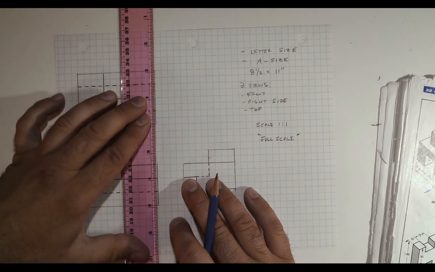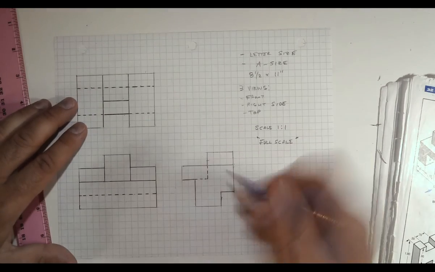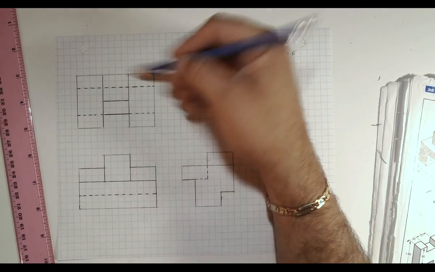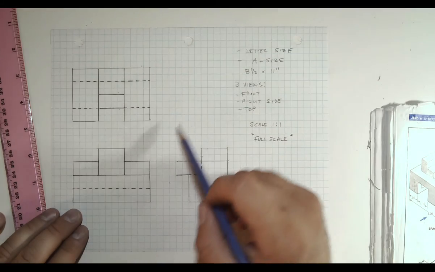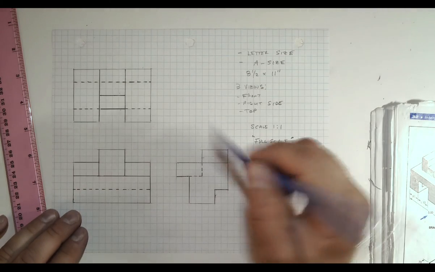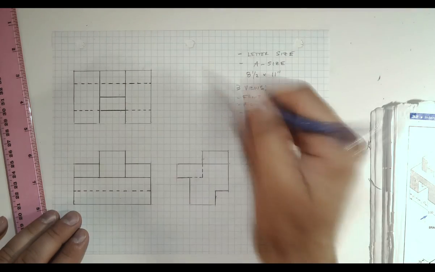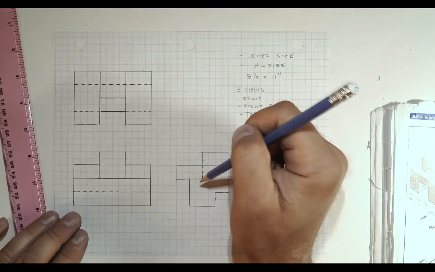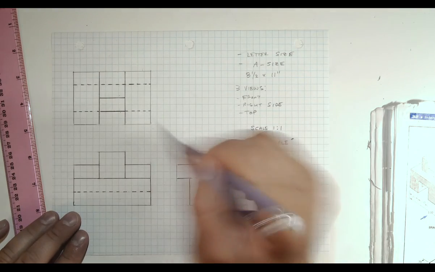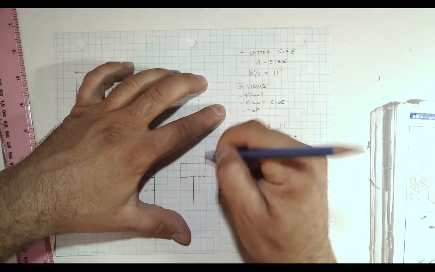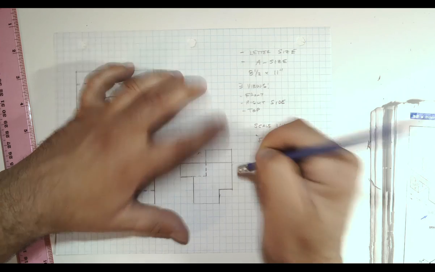Looks like I've captured everything, and again, like I said, you can use the right side view as a checklist for the horizontal lines. We'll use a technique later in the course. We'll draw a miter line, and we'll use a miter line to sort of reflect construction lines to allow us to use the top view or the right side view to draw each other. So I'll show you that in a future episode.